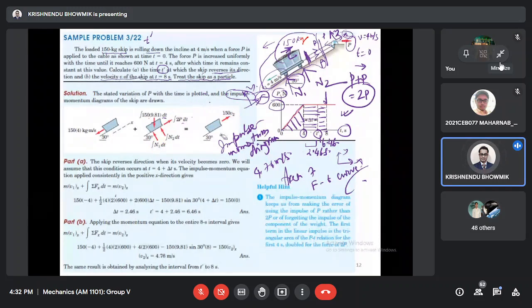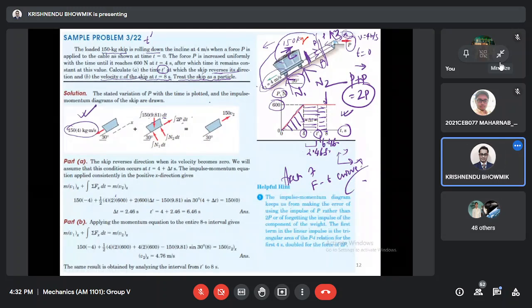Concept wise, it is nice. I will tell you. This is known, is it not? Known value. And we want to work on summation Fx, x direction only. So this is the x direction.